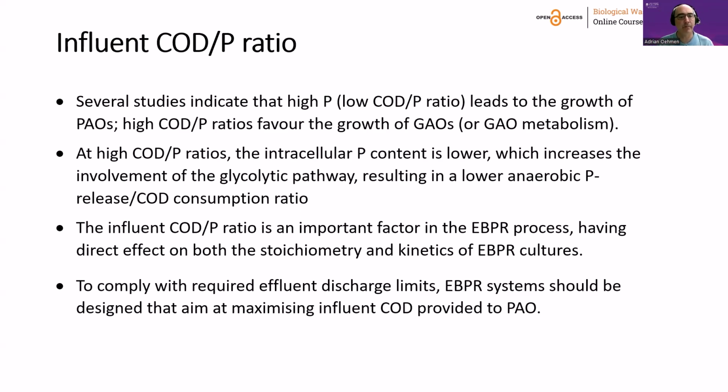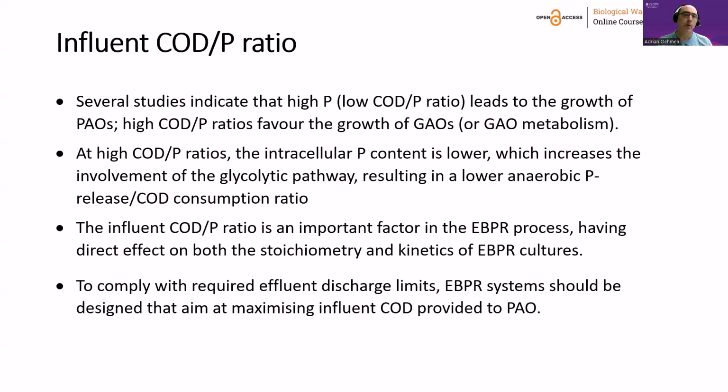And one thing I haven't mentioned so far is that we have different groups of organisms that are POWs and GAUs, but it should also be pointed out that Accumulibacter, for example, a well-known POW, can potentially perform a GAU-like metabolism.